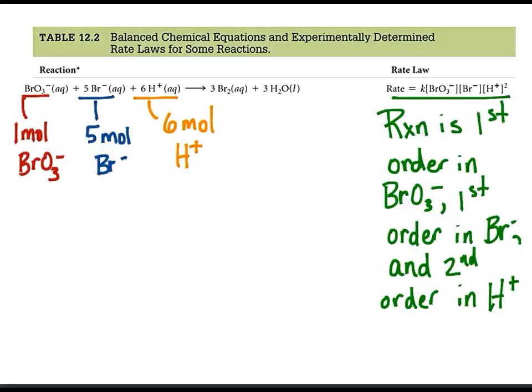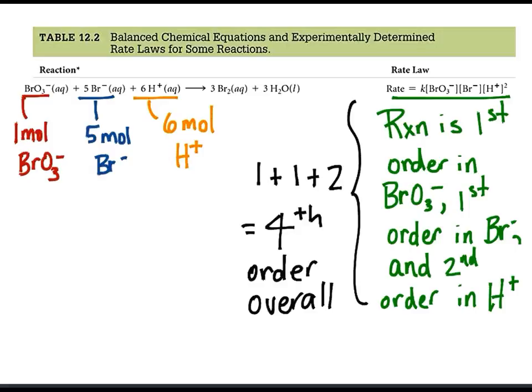It's first order in bromide ion, and it is second order in hydrogen. You can see the 2 up here, right? Second order in hydrogen. The overall order of this reaction would be 1 plus 1 plus 2, which would be 4, which would mean it would be fourth order overall.